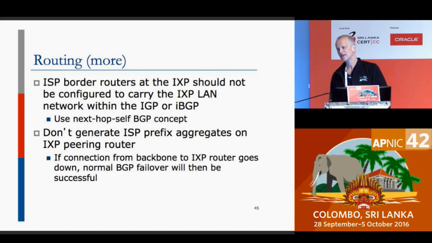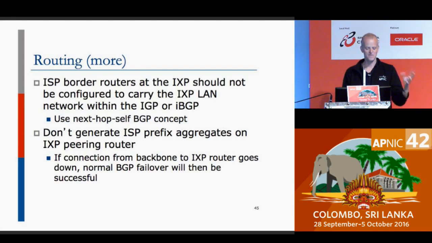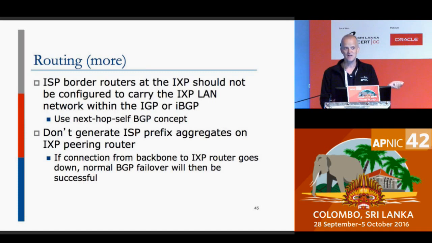And something I've seen quite a lot of people do is generating the aggregates for the service provider on the peering router. If the peering router is remote from your backbone and gets cut off from your backbone, you still announce the aggregate to the IX. But of course, traffic from your peers can't get back to your backbone, so you end up cutting yourself off from the local internet. That's some of the mistakes I've seen happen.